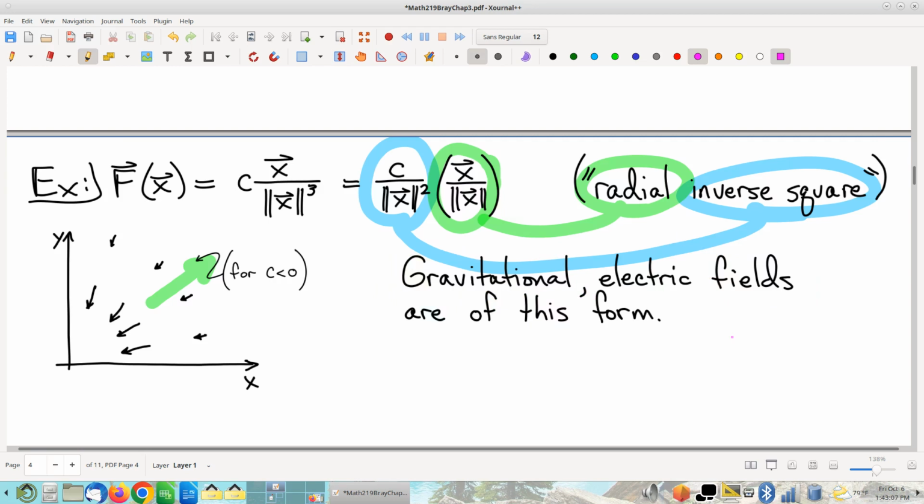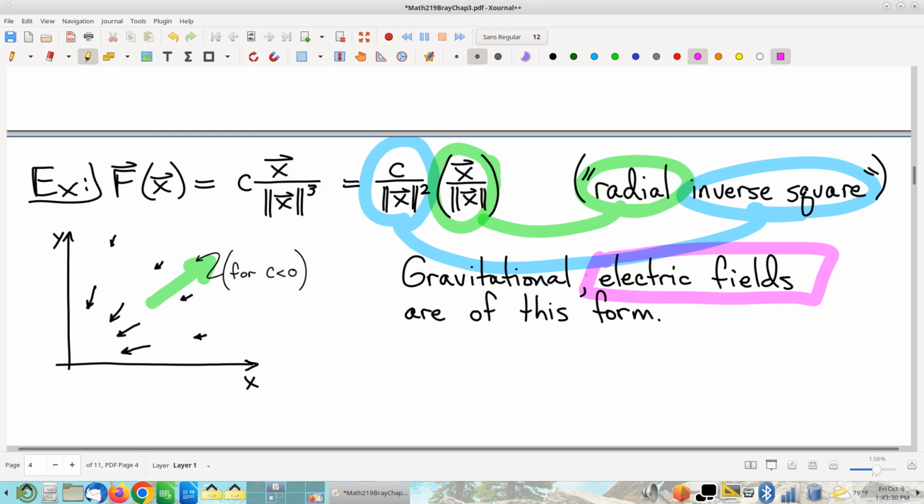So if you're not impressed by it being gravitational fields, maybe you'll appreciate that this is what electric fields look like. And those are decidedly not constant in everyday experience. If you're building something, what have you, electric fields are doing all sorts of weird things. And so being able to understand them is important. Okay.